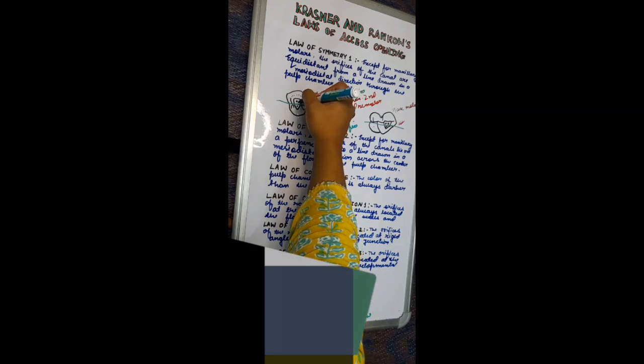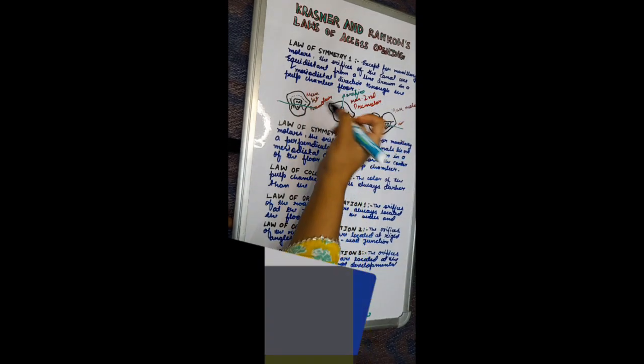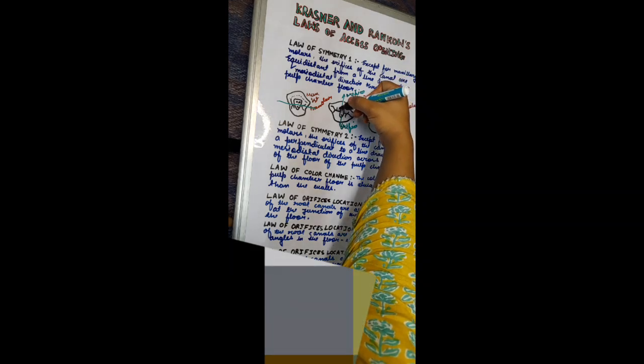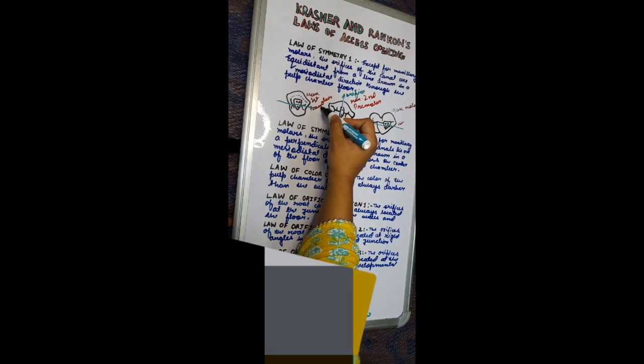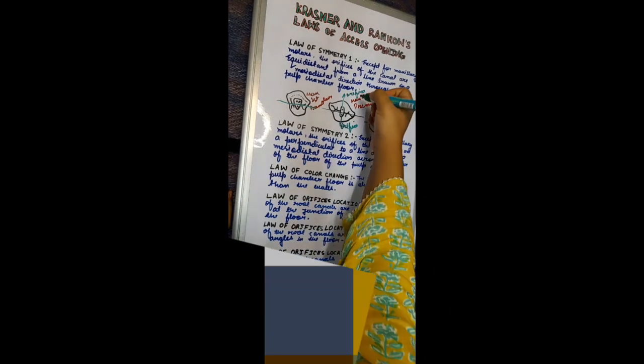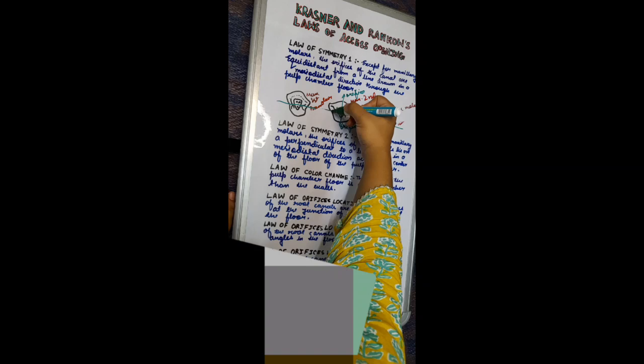So, this is orifice 1, orifice 2 and orifice 3, and all the orifices are at equidistance from the line drawn through the mesiodistal direction. And in the maxillary second premolar, these orifices are also at equidistance from a line drawn through the mesiodistal direction.